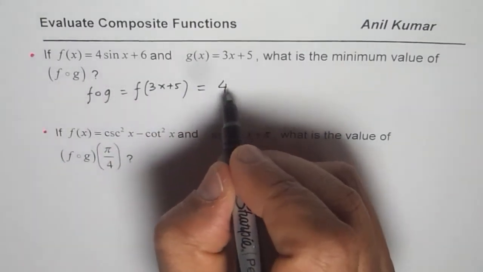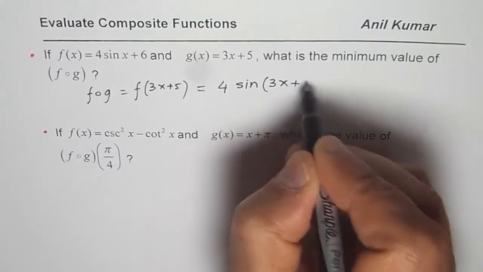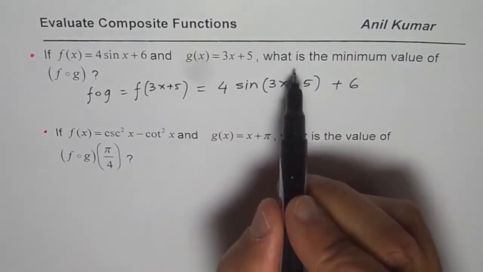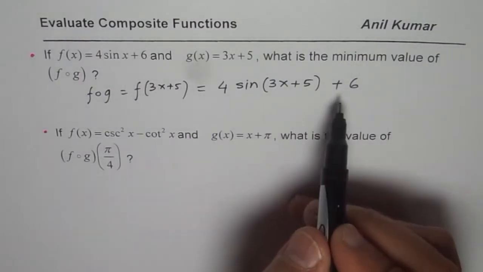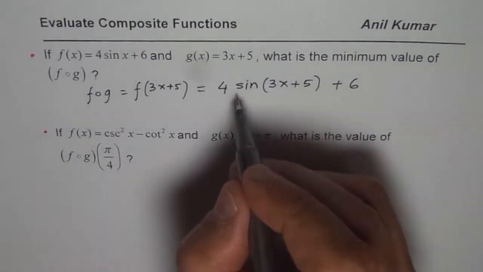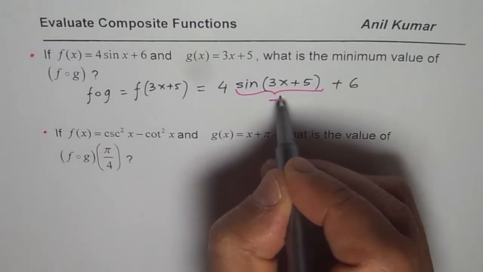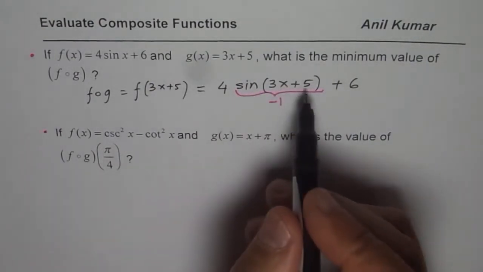So I'll get 4 times sine of 3x plus 5 plus 6, correct? The question is, what is the minimum value? Now, for a trigonometric function like this, the minimum value can be what? Sine x can have a minimum value of minus 1, correct? So that could be the minimum value of the sine function, right?